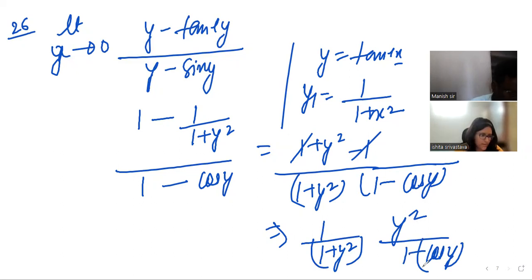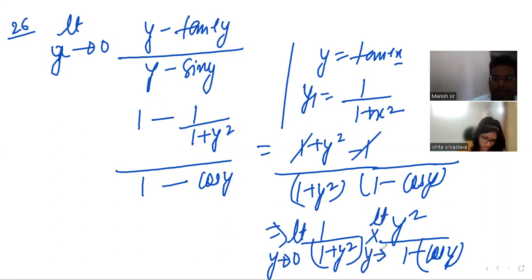So why have we separated here? For the limit application, for limit y tends to 0. Here again apply limit y tends to 0, so you will get like this. Put y equal to 0, then it will be 1 plus 0.